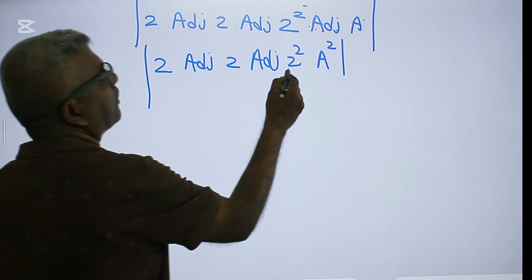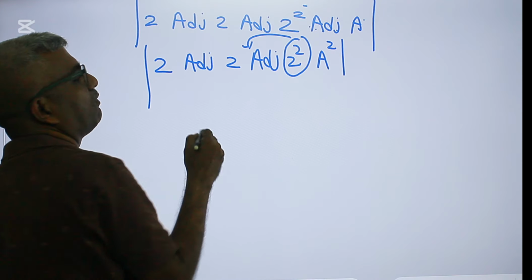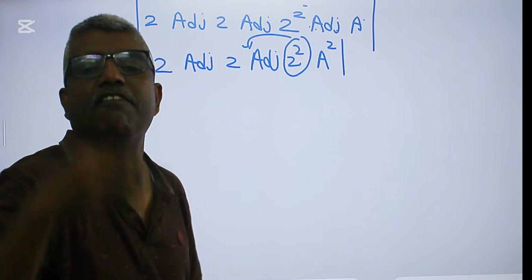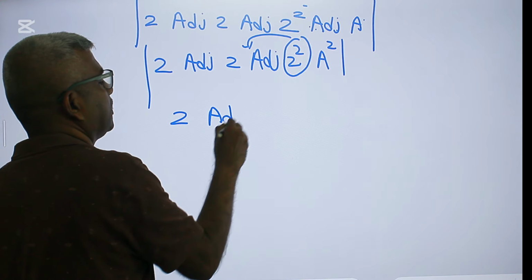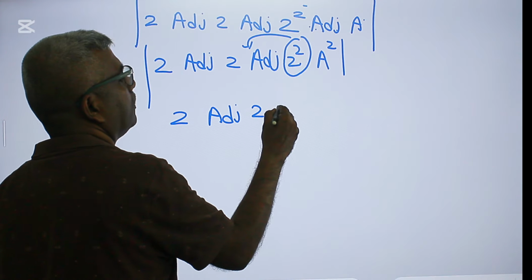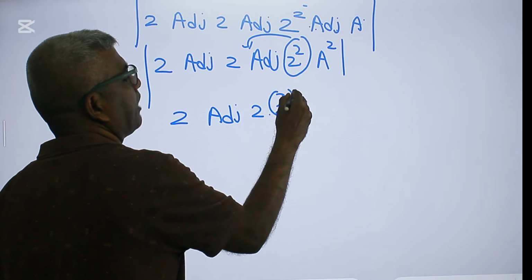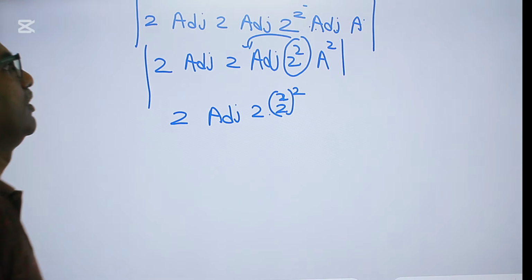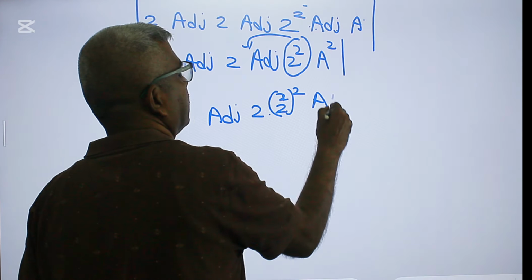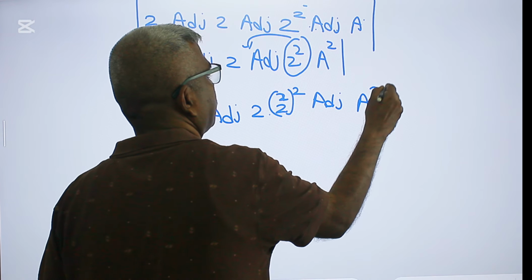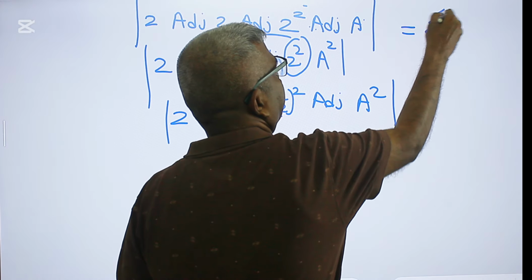Now I am going to shift this 2 square to here. So what we have to do? Power n minus 1. So 2 square power n minus 1 is 2, because it is a 3 cross 3 matrix. Adjoint A squared. This is equal to 2 power 41, they say.